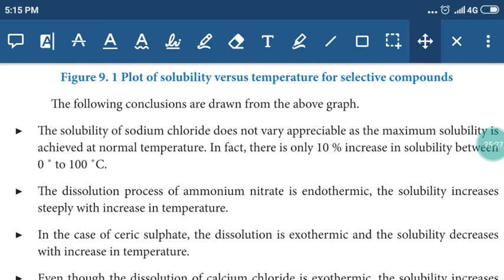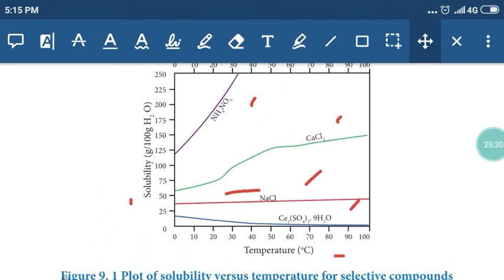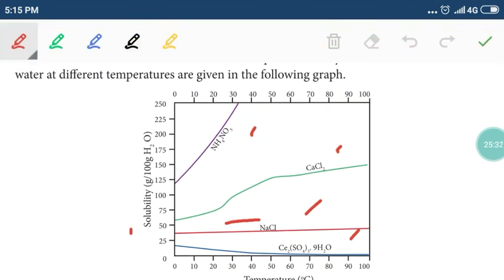Then take ammonium nitrate. The dissolution of ammonium nitrate, that means when the salt ammonium nitrate is added in water, the process is endothermic. When temperature increases, solubility will be increased. The forward side will be favored.